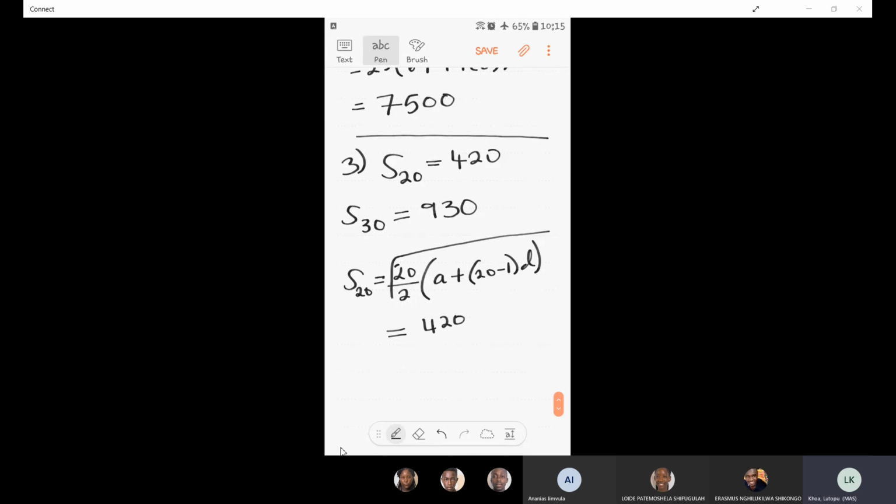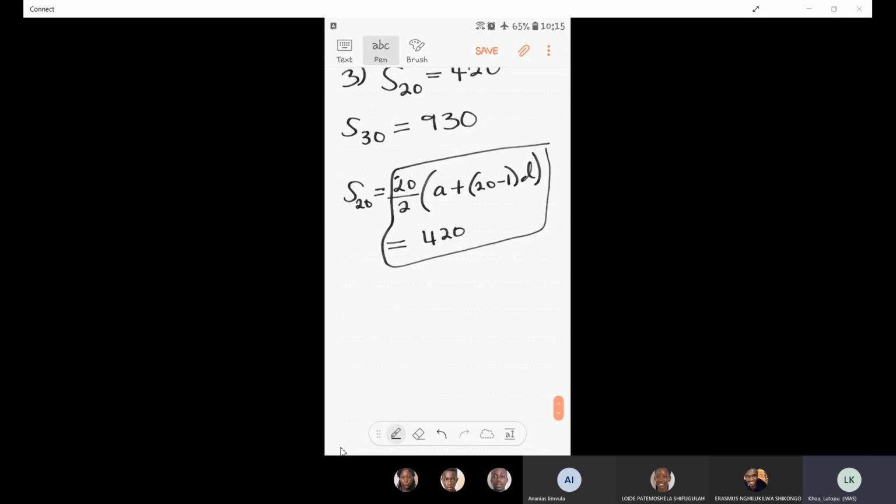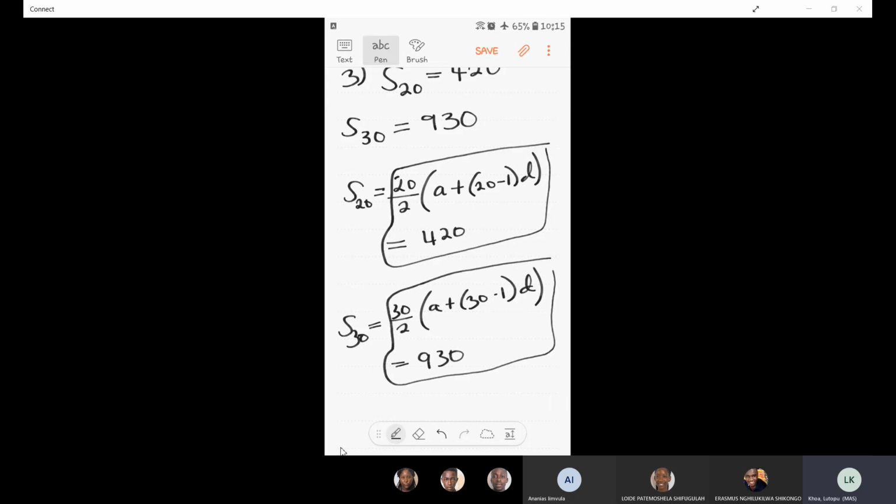So this equation over here, this is what we will focus on. And then we know that S30 is equal to 30 over 2 times A plus 30 minus 1 times D, and this is equal to 930.